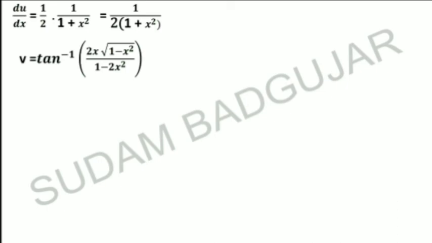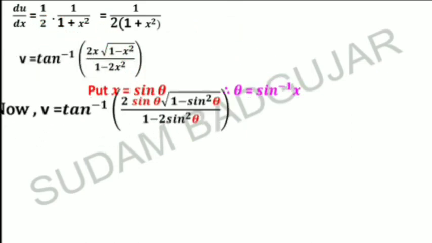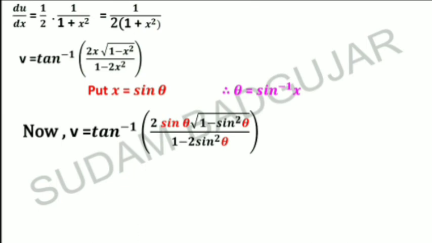Now v is equal to tan inverse of 2x into under root of 1 minus x square upon 1 minus 2x square. Now put x equal to sin theta, therefore theta is equal to sin inverse x. So v is equal to tan inverse of 2 sin theta into under root of 1 minus sin square theta upon 1 minus 2 sin square theta, that is 2 sin theta into cos theta upon cos 2 theta.